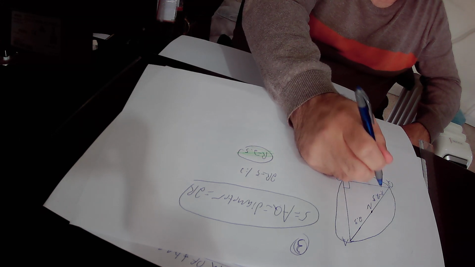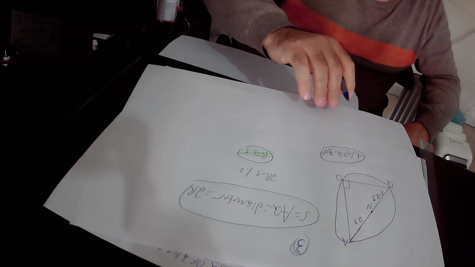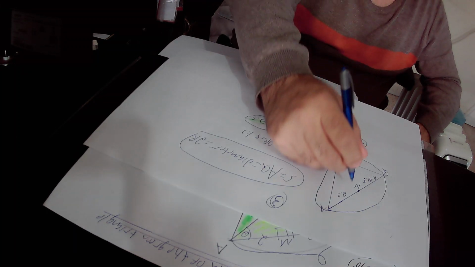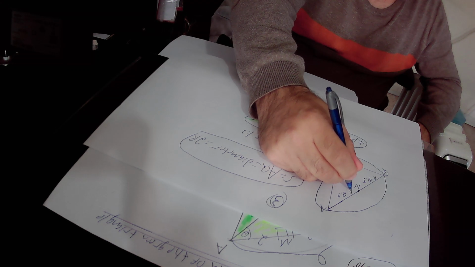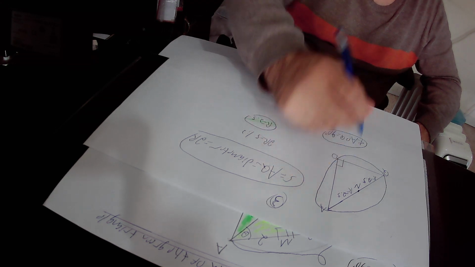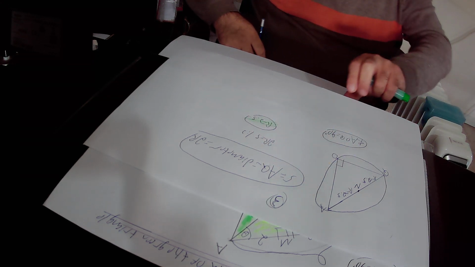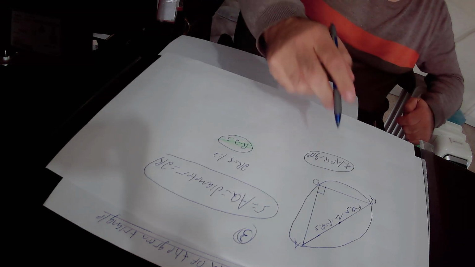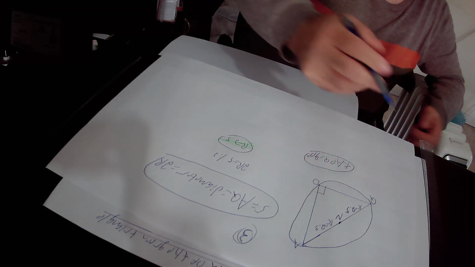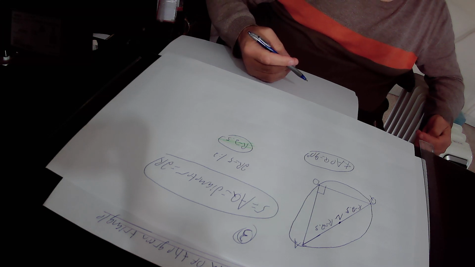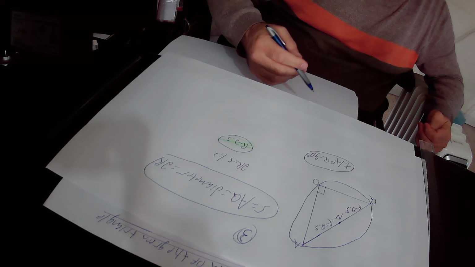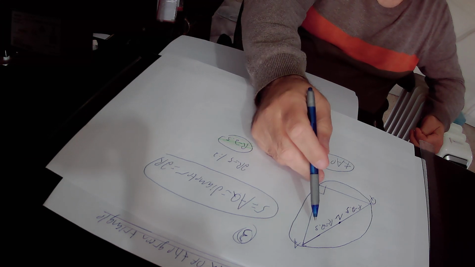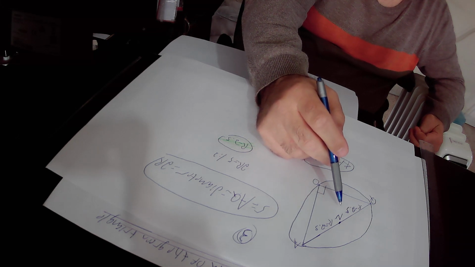QN is the radius that is equal to 2.5, and NA is also the radius that is equal to 2.5. So we have the diameter AQ that is equal to 2 times the radius, and we have the radius AN and the radius NQ.